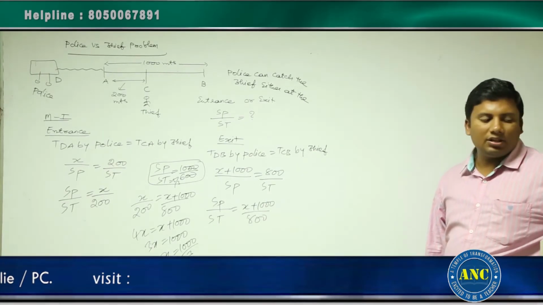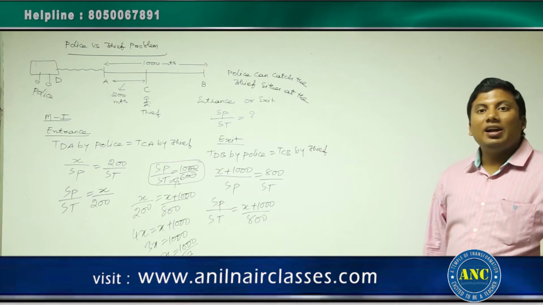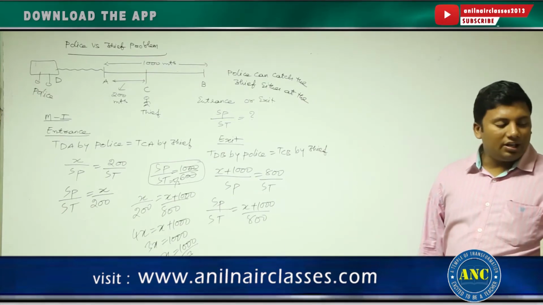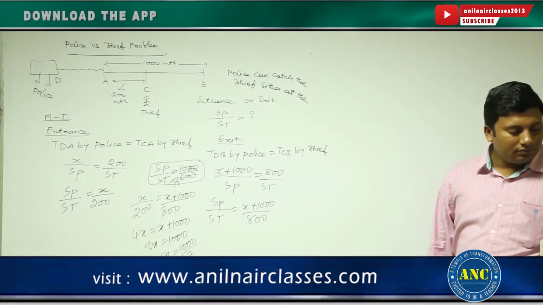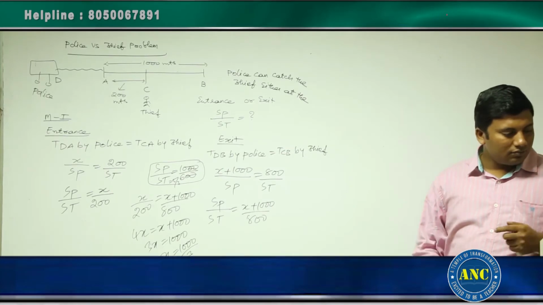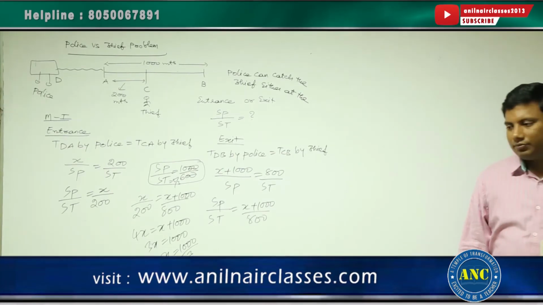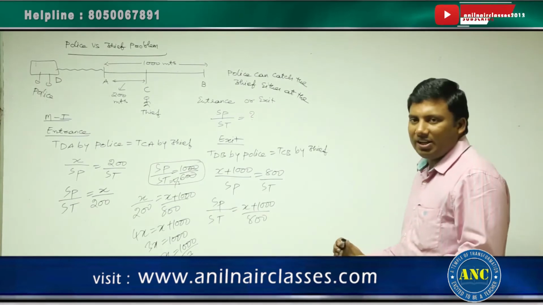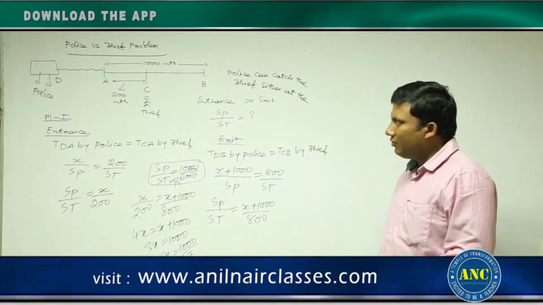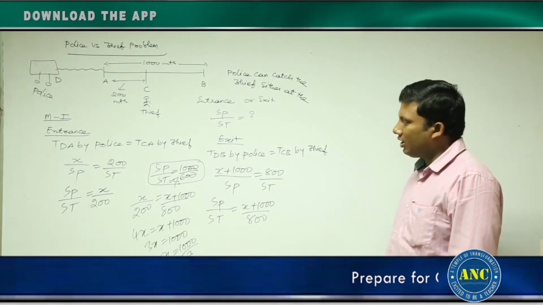Method 1 is the traditional method. Method 2 is a relative speed concept, using relative speed. This method is clear by using x and y. Generally, we will try to avoid x and y's in all our classes.